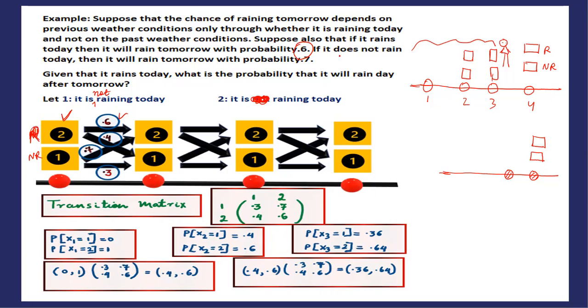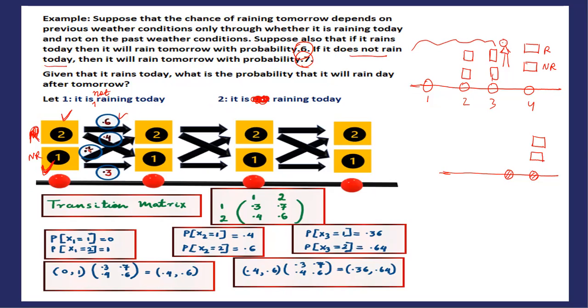Similarly, if it doesn't rain today, then it will rain tomorrow with probability 0.7. Not raining means 1. If we are at 1 today, we are not using past conditions, only today's conditions. If it's not raining today, then there is a 70% probability that it will rain tomorrow.